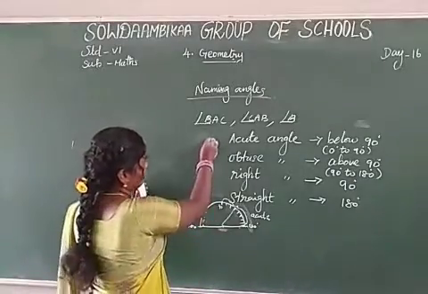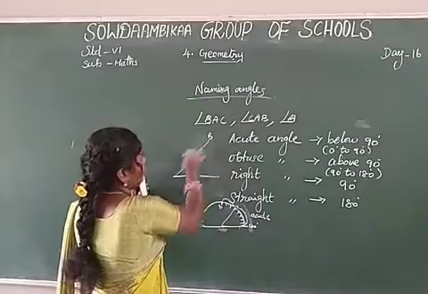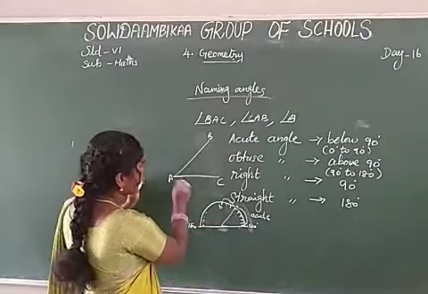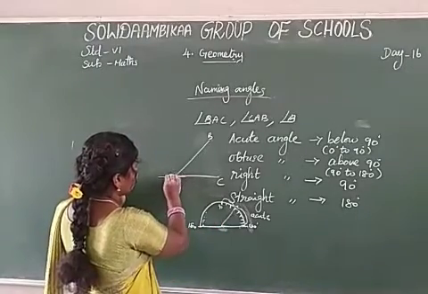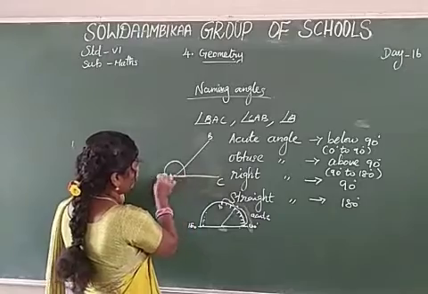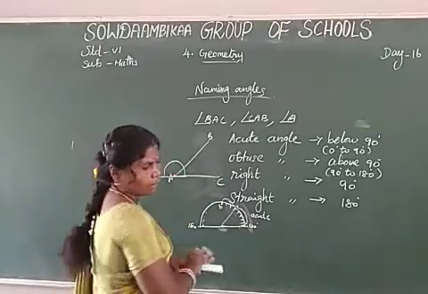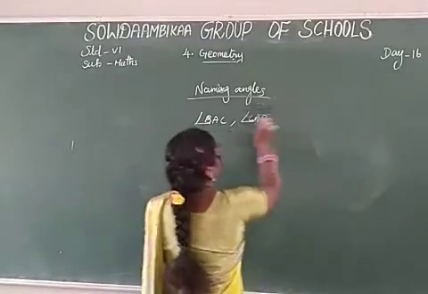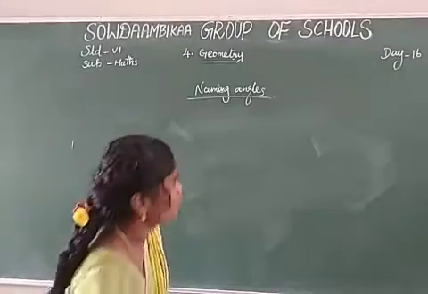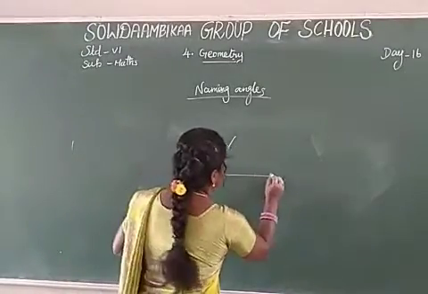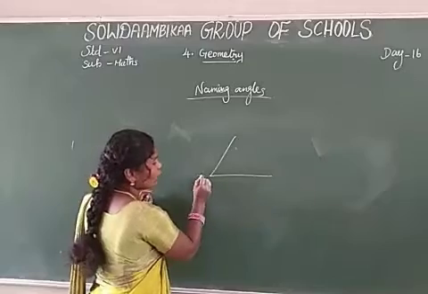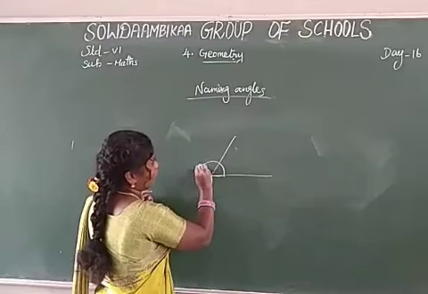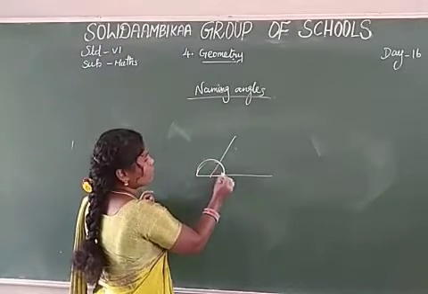Next, measuring angles. Measuring angles means A, B, C. Take the protractor and put it on the center point. Take your protractor and put it on the center point and measure. This is 90.